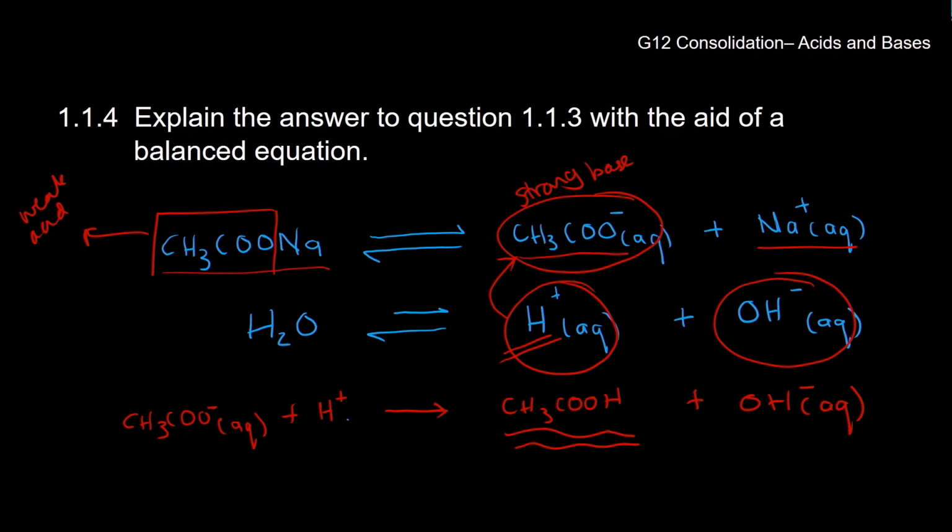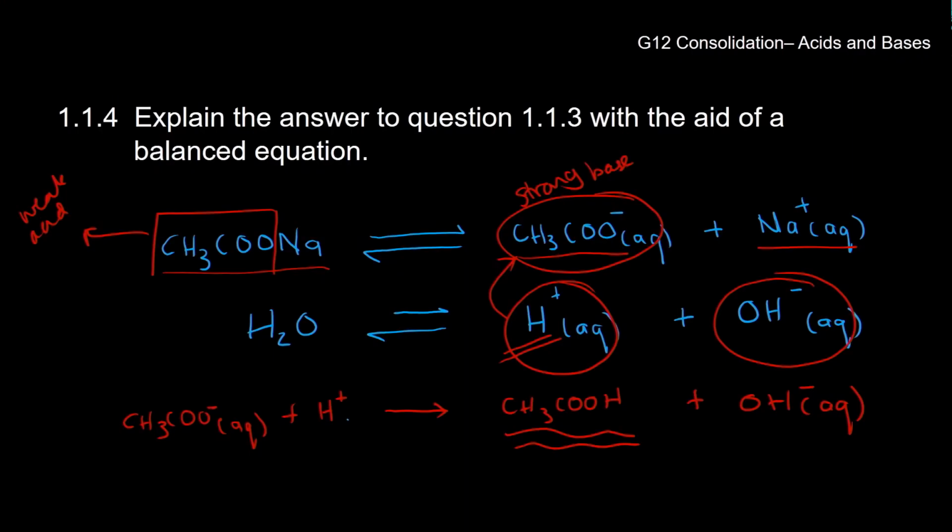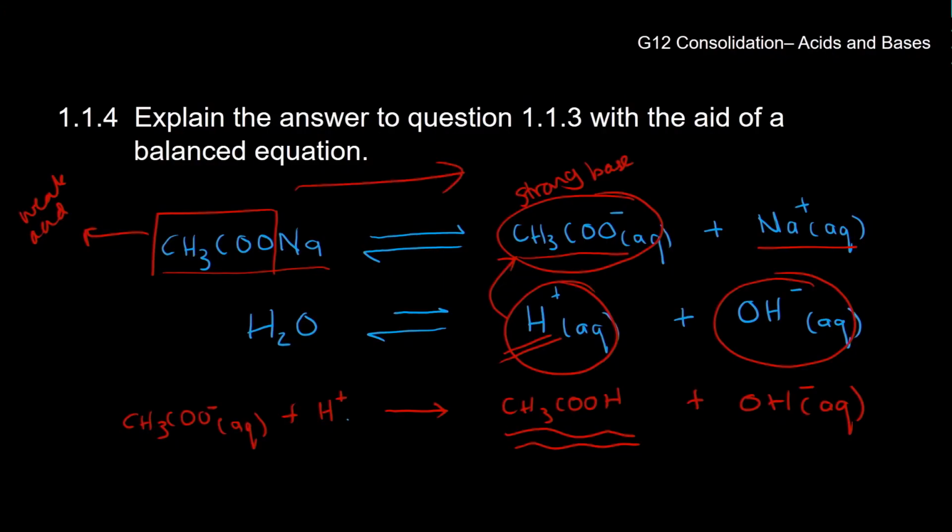In terms of Le Chatelier, there's going to be a stress on the system. The equilibrium is going to try and address that stress by making more H plus ions. So the equilibrium is going to favor the forward reaction. By favoring the forward reaction, more hydroxide ions are going to be made as well as H plus ions.